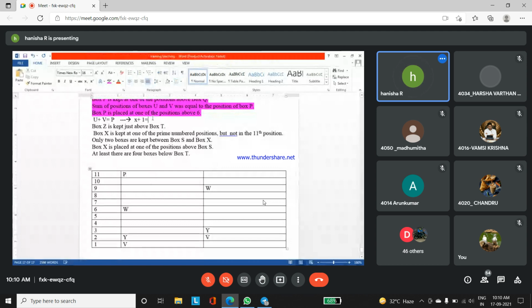If the position of P is 11, then at which position should U be? U should be at the 10th position. Only if U is at the 10th position, 10 plus 1 will give you 11, and it is also above 6. So in the 10th position, you will have U. And between P and Q, you should have two boxes.